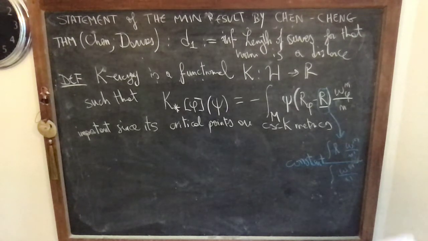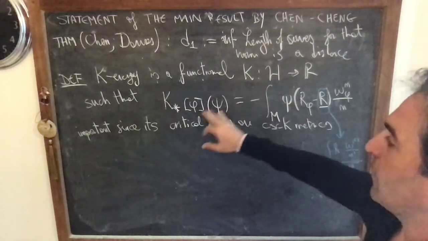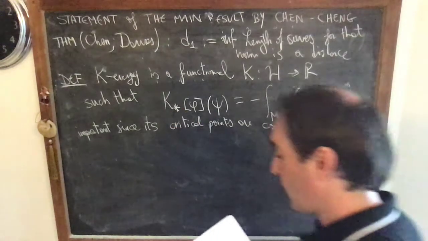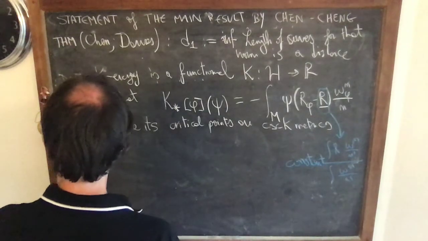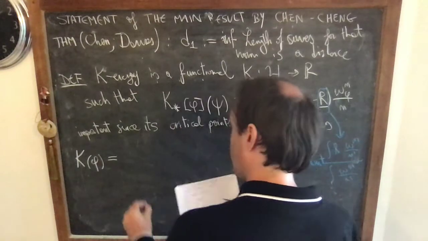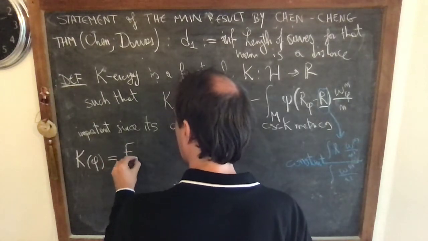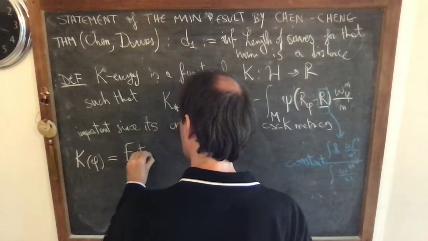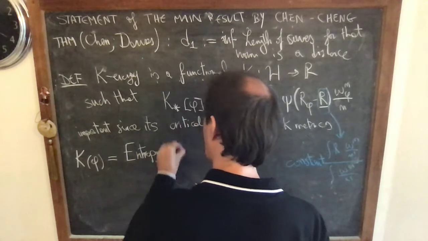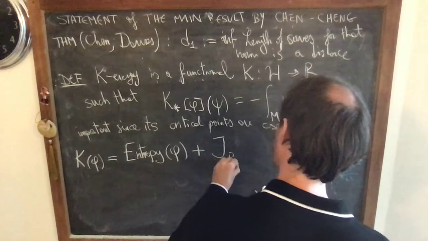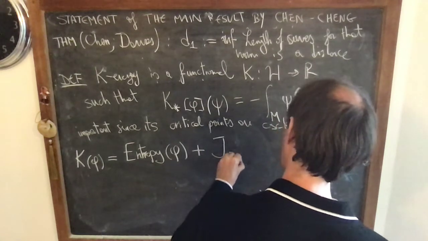Now we recall an expression of K, rather than of its differential. So the structure of K at some Kähler potential phi is the entropy of phi plus another functional called the J functional of Ricci.